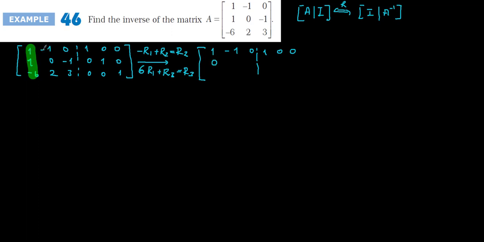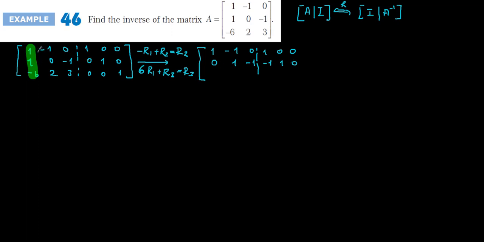Minus -1 it's plus 1, plus 0, equal to 1. Minus 0 plus 1 plus -1 is equal to -1. Minus 1 plus 0 is equal to -1. Minus 0 plus 1 is equal to 1. Minus 0 plus 0 is going to be equal to 0. This is not going to change.